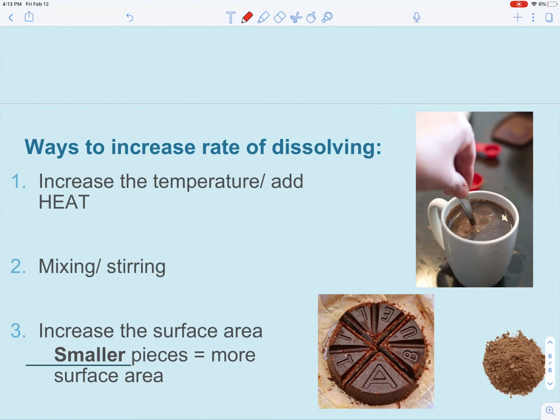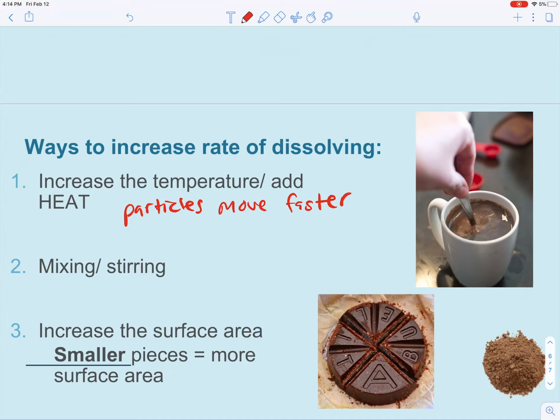One way to increase dissolving is to increase temperature. What that does is particles are going to be moving faster, and thus they're going to make contact with the solute more often, so dissolving is a little faster.